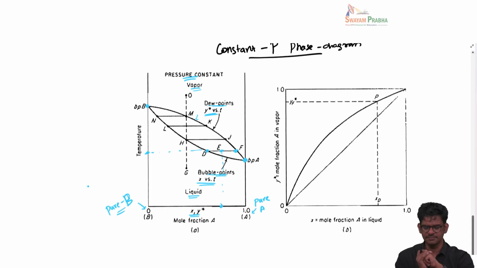So, the vapor phase will have a composition corresponding to F and the liquid phase will have a composition corresponding to D. We only said that if I make a composition at E, it will phase separate into two phases, gas and liquid, but we can also find out how many moles will be liquid and how many moles will be gas. We can calculate that by doing a simple mass balance.